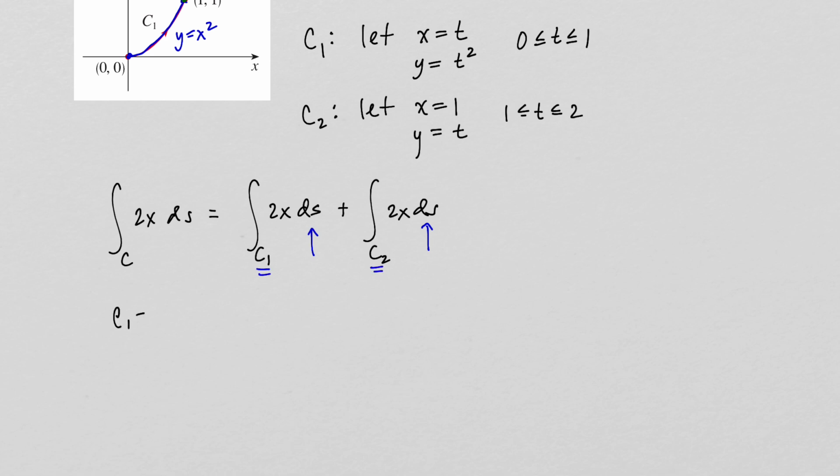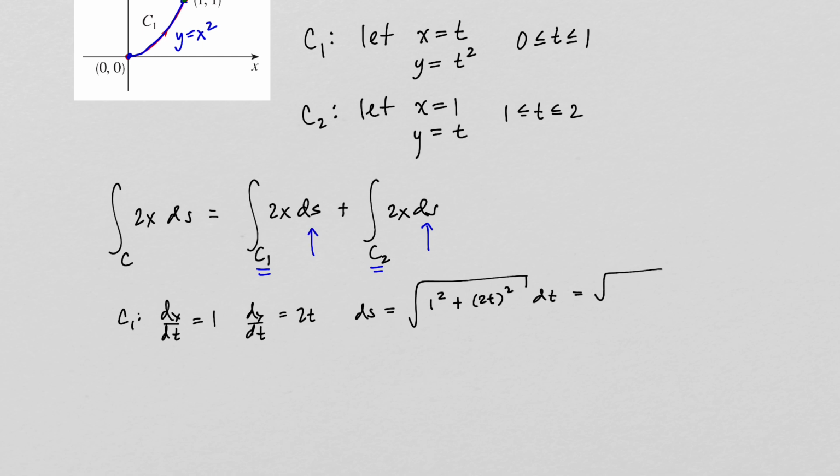So for C1, dx/dt is just going to be 1. And dy/dt is 2t. And so ds is going to be the square root of 1 squared plus the quantity 2t squared times dt. And this is the square root of 1 plus 4t squared dt.